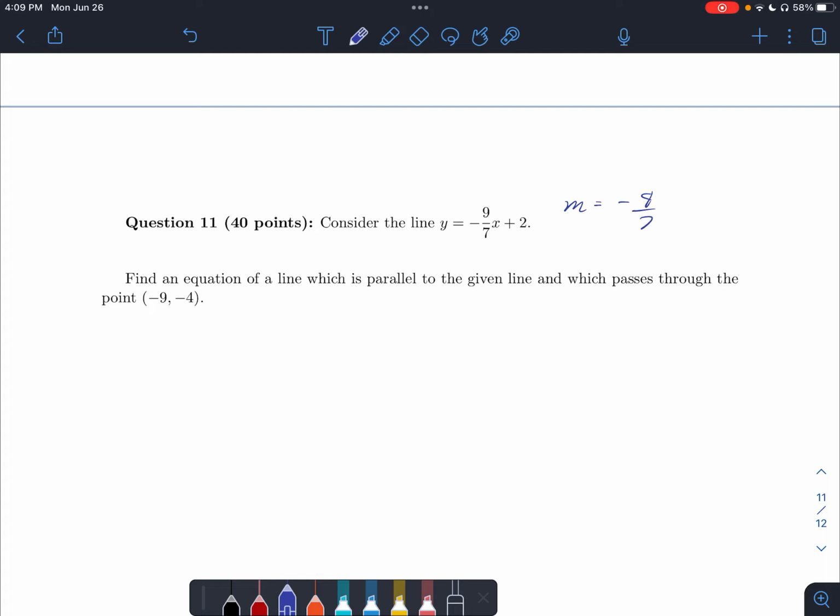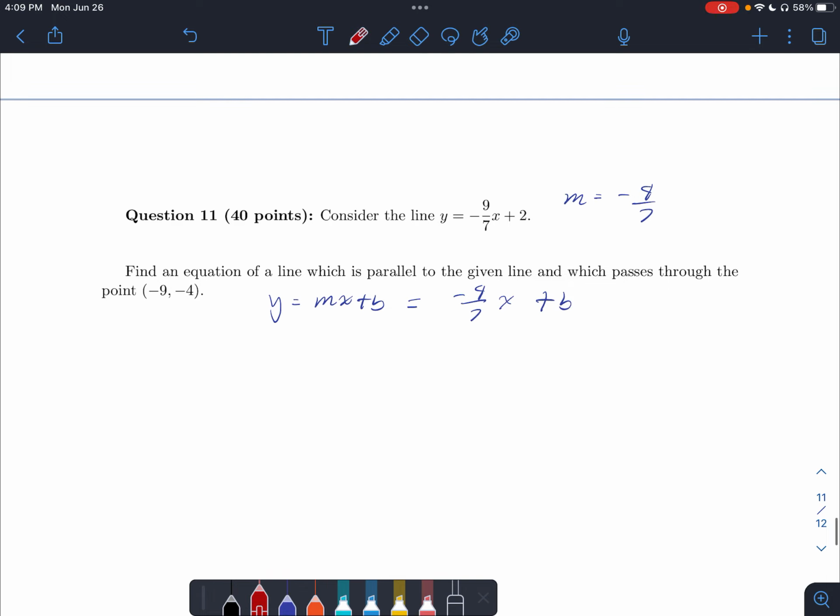Therefore, this line is going to be of the form y equals mx plus b, or in this case, y equals negative 9 over 7x plus b.